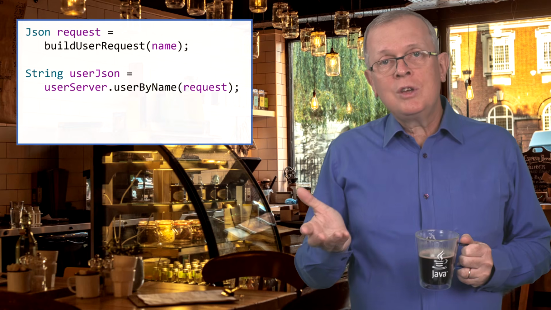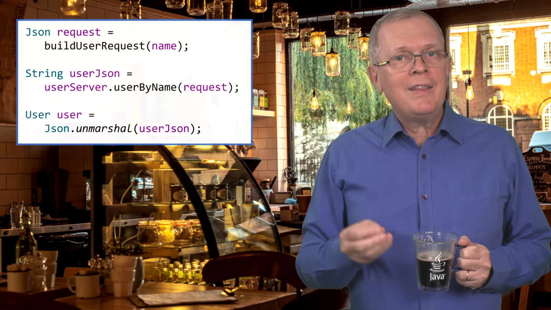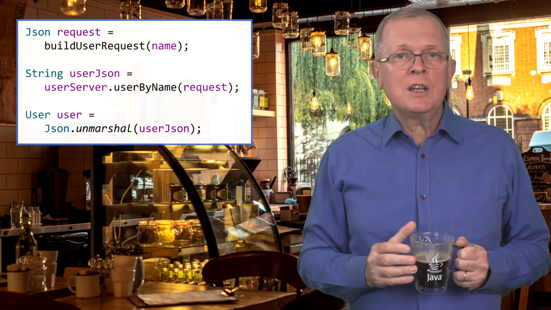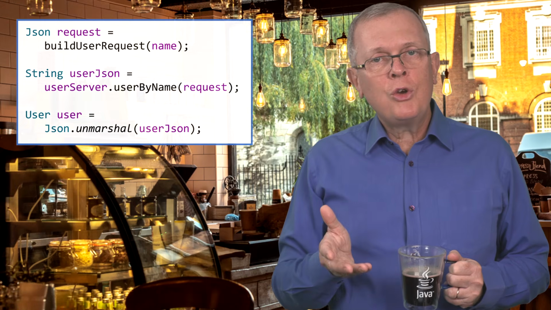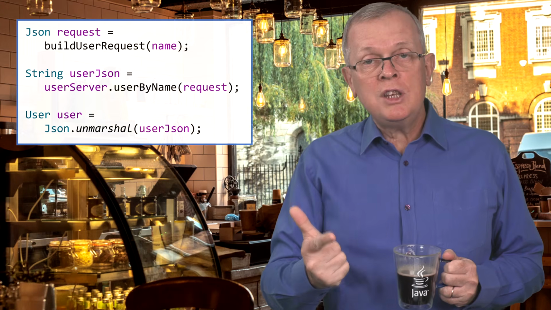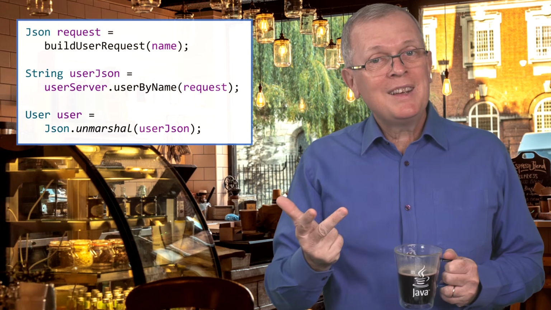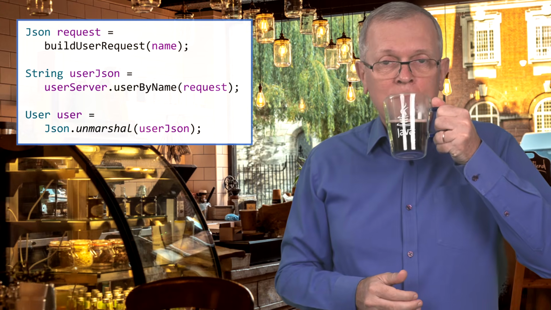After a while, you get a response, probably in the form of another JSON object, and then you unmarshal this object to recreate your user object. This is the kind of code you end up with. Simple to write, simple to read, simple to debug, simple to test, and simple to maintain.